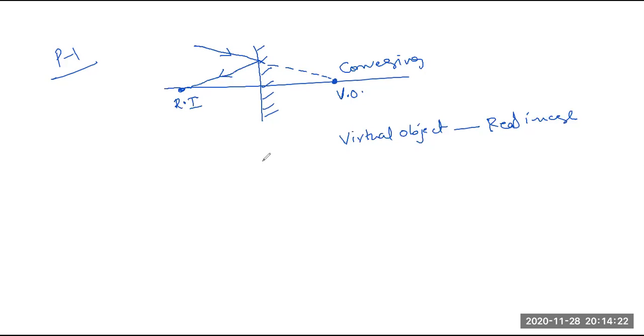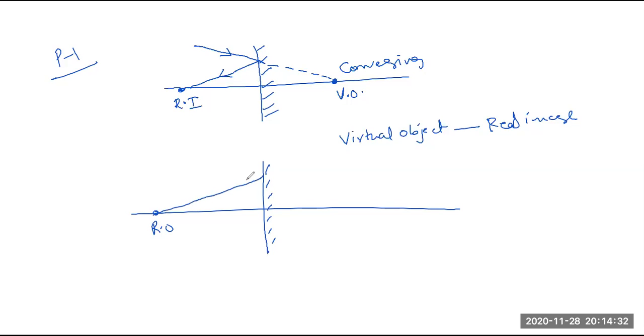For a real object, it will not form a real image. Let's say, for example, I take a real object placed here. The rays fall on the mirror, then they will be reflected, and they will finally meet here as a virtual image.